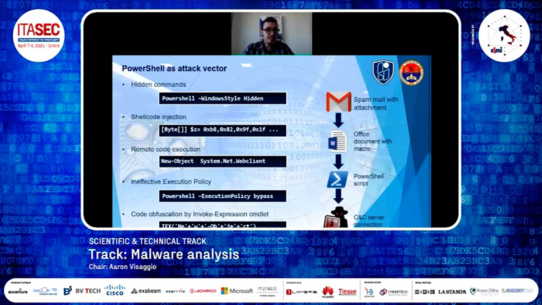Typically, an attack based on PowerShell takes place with a huge spam mail campaign with malicious Office documents as attachments, and these attachments often contain macros which can run PowerShell scripts in a hidden mode. The goal for the attacker is to establish a connection to a command and control server.